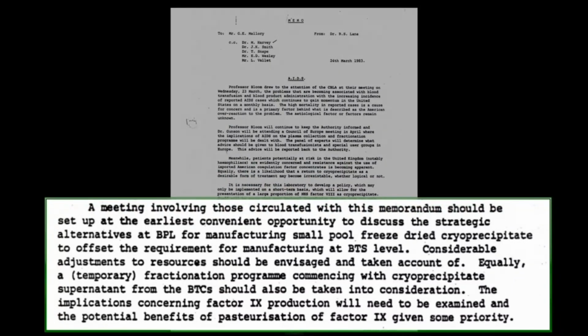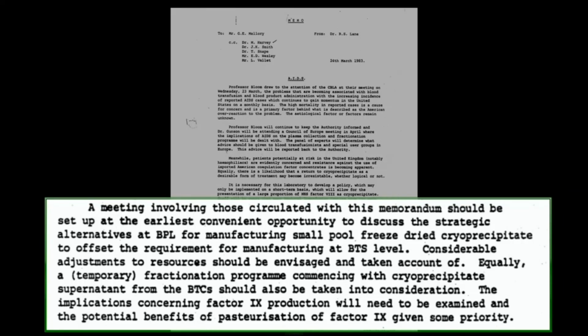We can see towards the end of that paragraph, he speaks about... yes, sorry, I lost my place. But equally, a temporary fractionation program commencing with cryoprecipitate supernatant from BTCs should also be taken into consideration.